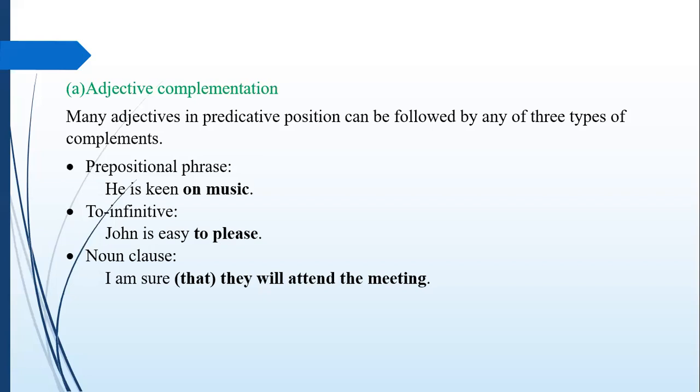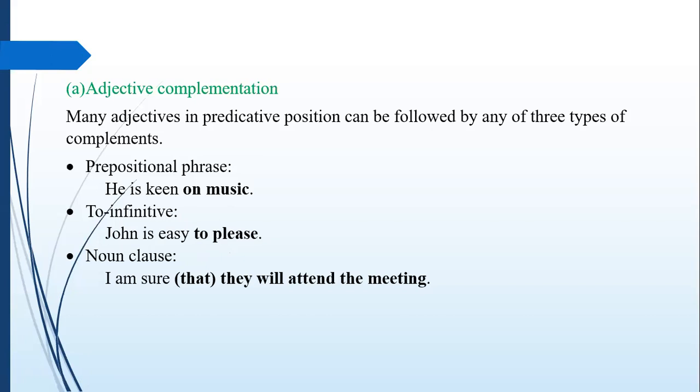Number two, the complement could be a to-infinitive. John is easy to please. Look here, after the adjective easy, we have a to-infinitive, to please. Another example, the boys are ready to leave.